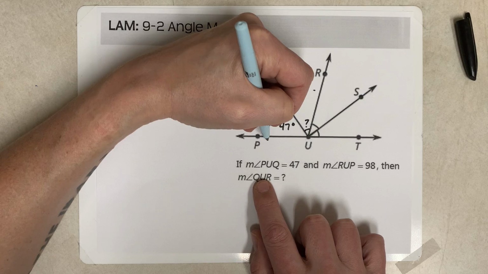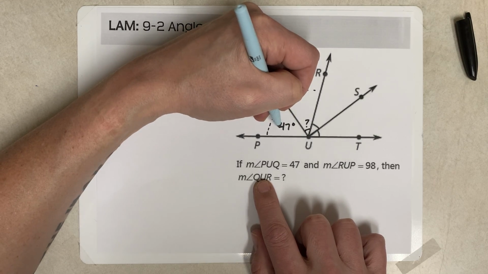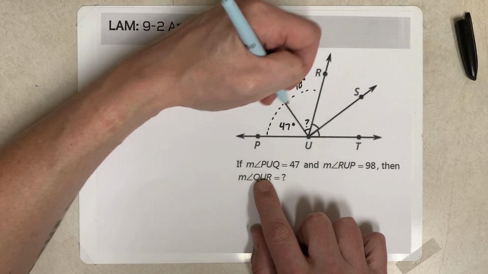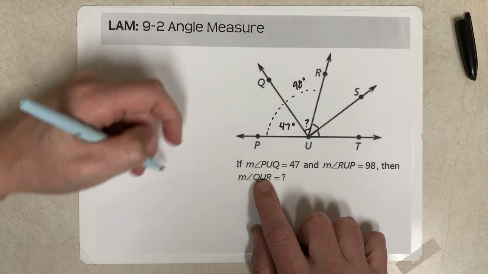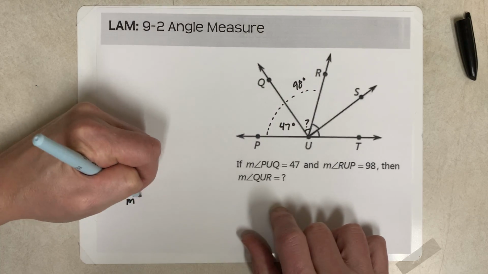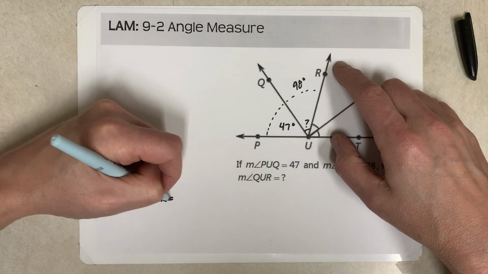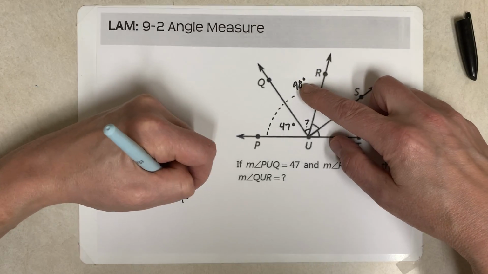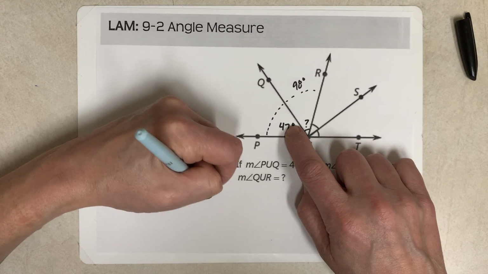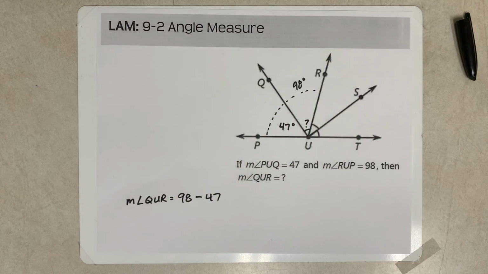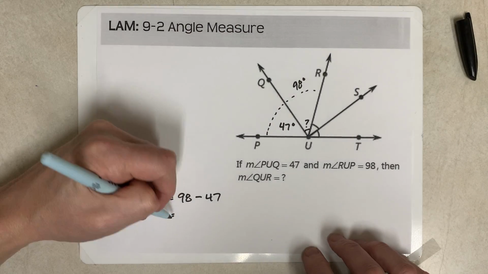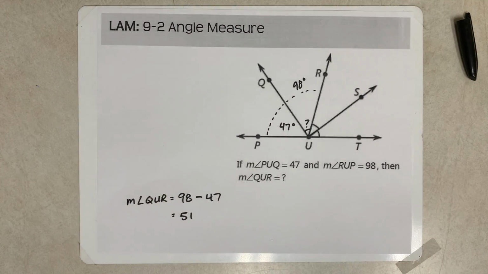Well, if the whole thing is 98 and this piece is 47, then the missing one must be 98 take away 47. So the measure of angle QUR has to be 98, the whole, minus 47. And then 98 take away 47 is going to be 51. And so the measure of QUR is going to be 51.